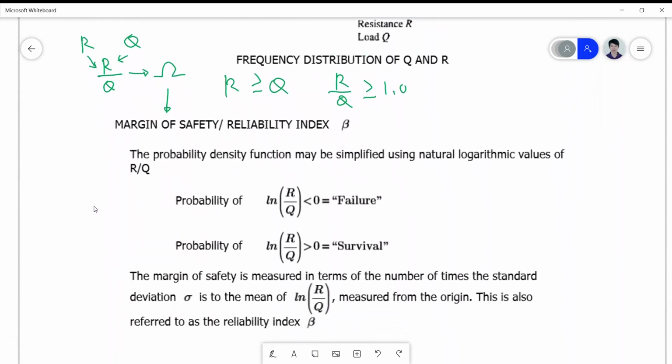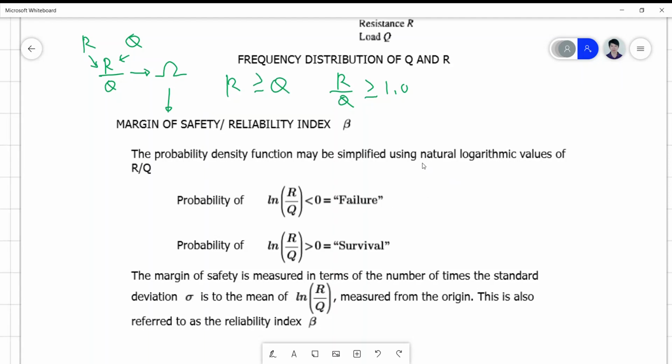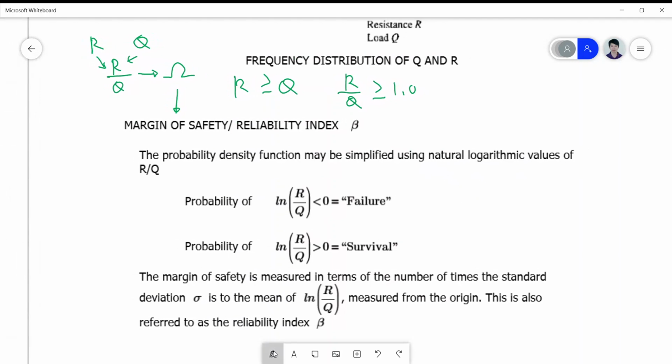Okay, so we change the argument now from R and Q individually to R over Q. But it is more promising to use the natural logarithm values, or the natural logarithmic scale, because upon taking the log of these two expressions, left and right, we convert your value 1 to the natural logarithm of 1, which is 0.